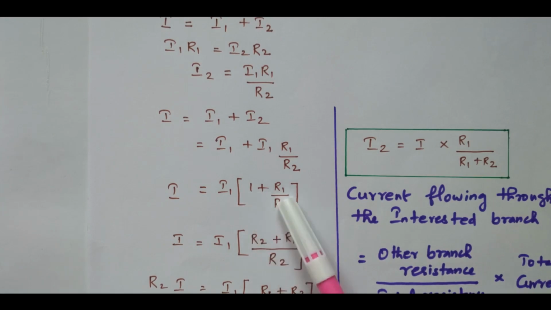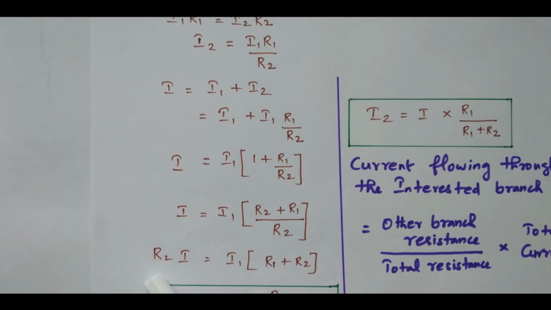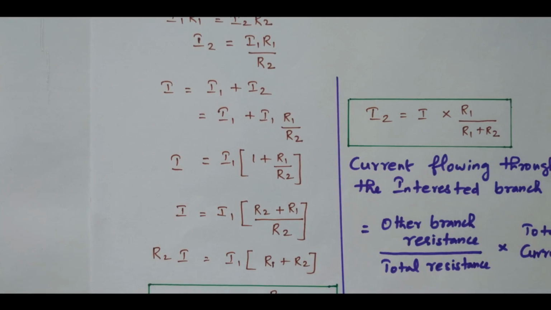Take the LCM: nothing is available here, so R2 is multiplied here, giving R2 plus R1. So finally we got I equals I1 times (R1 plus R2) divided by R2. This R2 is brought to the numerator.